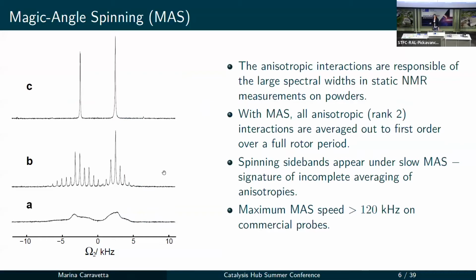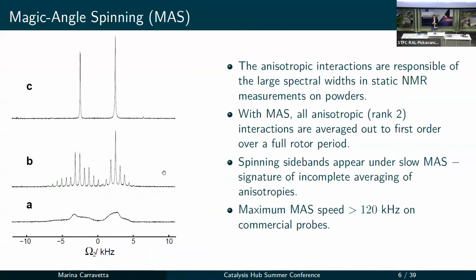Now, on a solid sample, if you run the experiment under static conditions, it's quite common that your spectrum looks kind of broad. This is the spectrum for glycine. As soon as you start spinning, you can break the very broad line shape into spinning sidebands, and if you go fast enough, you can get the isotropic peaks.